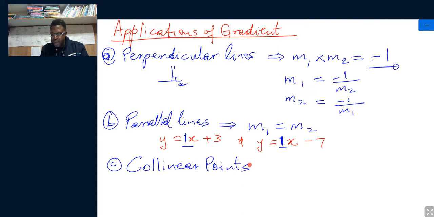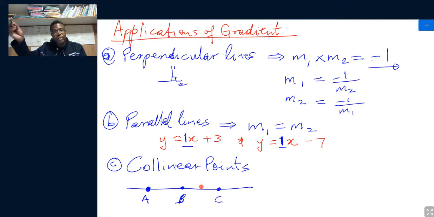So let us say you have a line like this, and it has got point A, point B, and point C. We want to know if points A, B, C are collinear. What does it mean, collinear? It means points that lie on the same line, and the same line has got a similar gradient throughout.